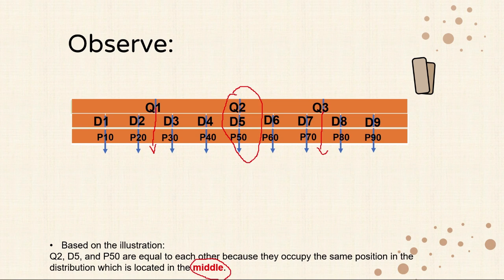But most importantly, please note that this position, the quartile 2, the decile 5, and the P50, they are all equal to each other because they occupy the same position in the distribution. Later on, importante to kasi kapag magsosolve na tayo ng quartile, decile, and percentile, baka kailanganin nyo itong concept na to. Okay?